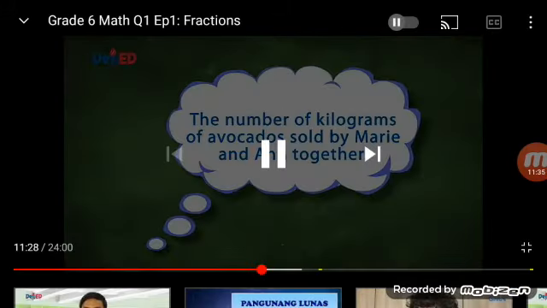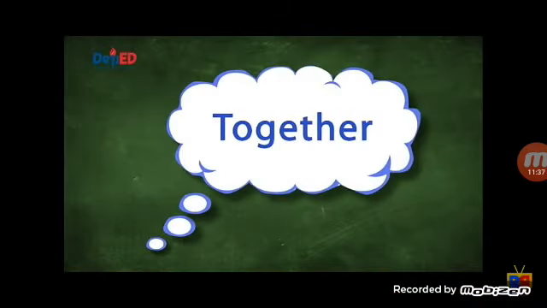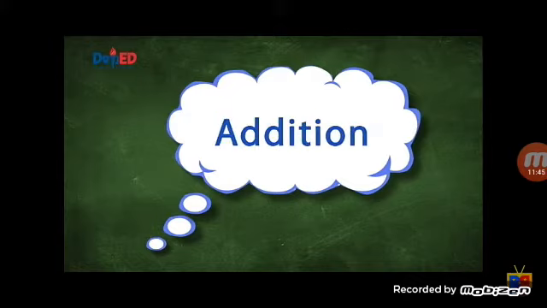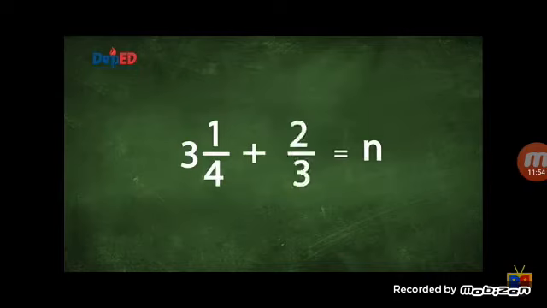It is together. So, what is the correct operation to use to solve the problem? You got it. It is addition. What is the correct number sentence? Very good. 3 and 1/4 plus 2/3 equals n.